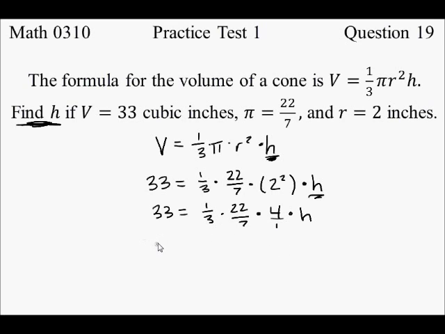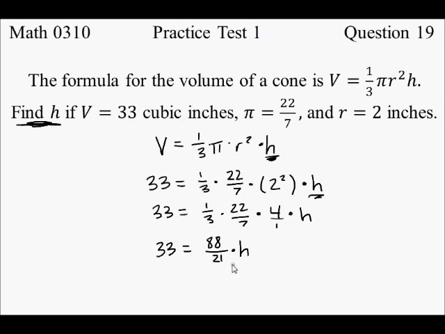So we get 33 equals, on top 1 times 22 is 22, and that times 4 gives 88 on top. And here 3 times 7 is 21, times 1 stays 21, and that's times h. Now we have this equation where h is being multiplied by 88 over 21.